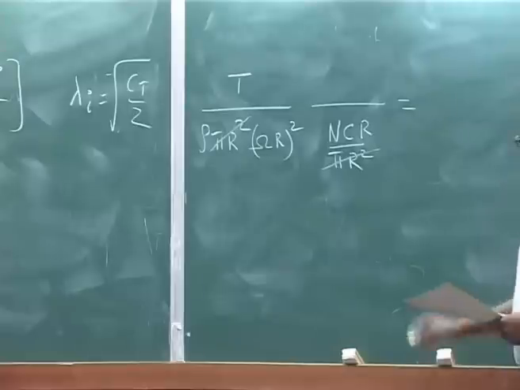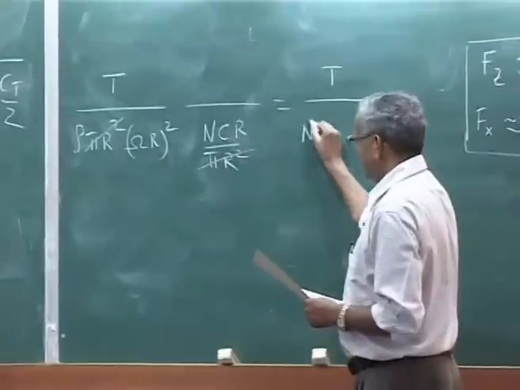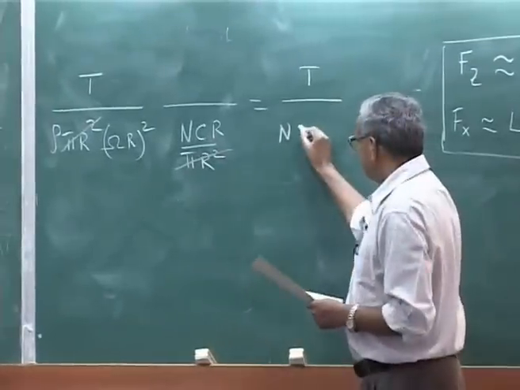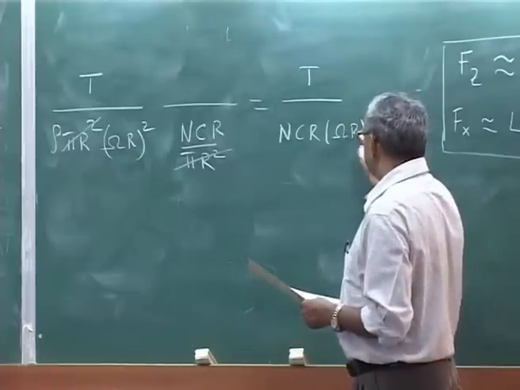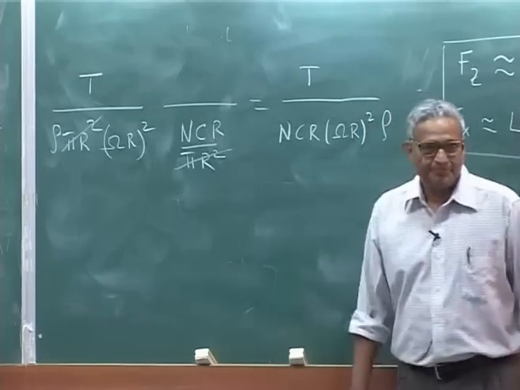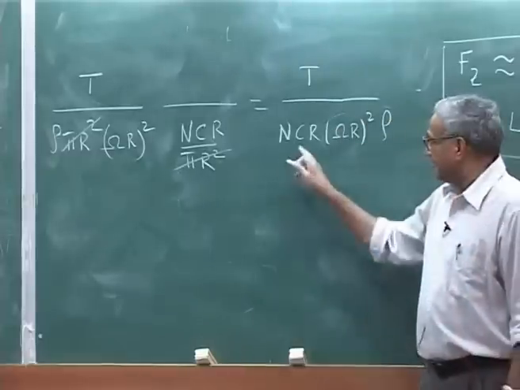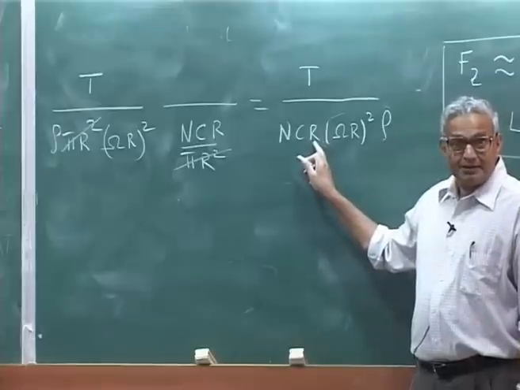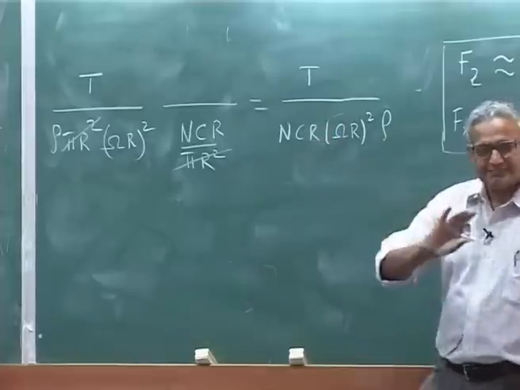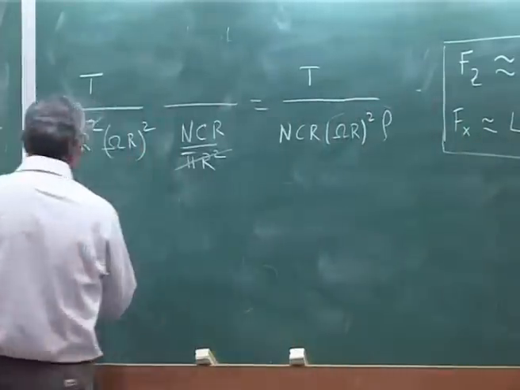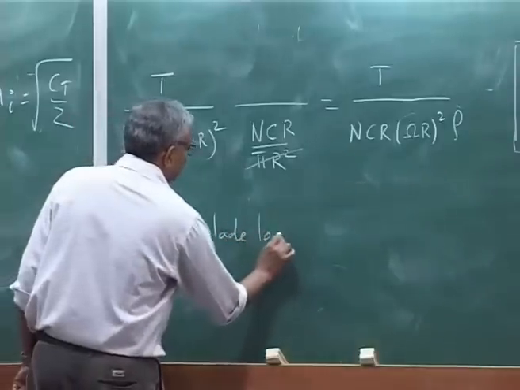This will become thrust divided by N number of blades, c R, of course omega r whole square and rho. This is basically for non-dimensional stuff, but N c R tells you the blade area. So, Ct over sigma is called blade loading.